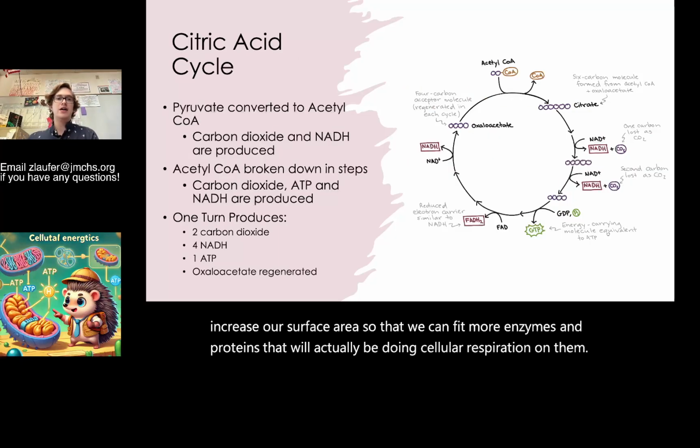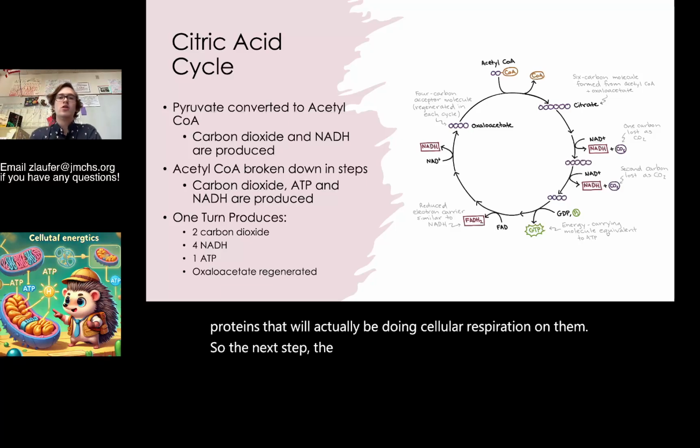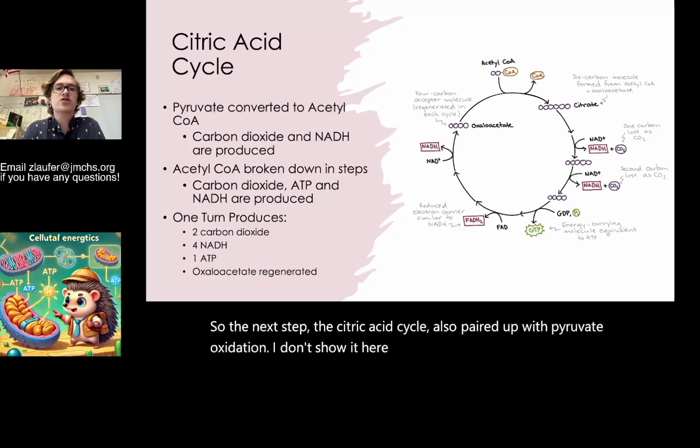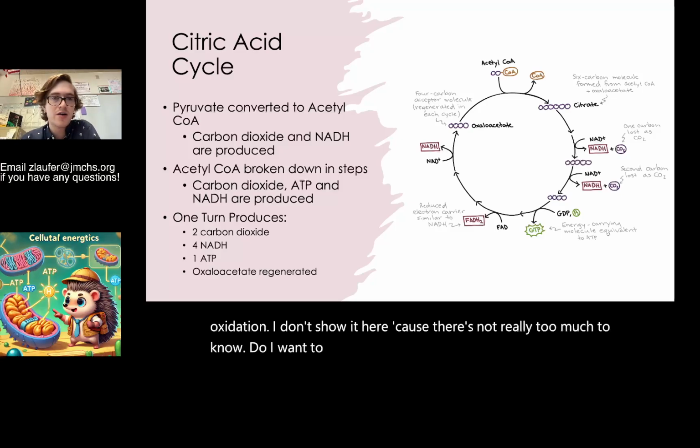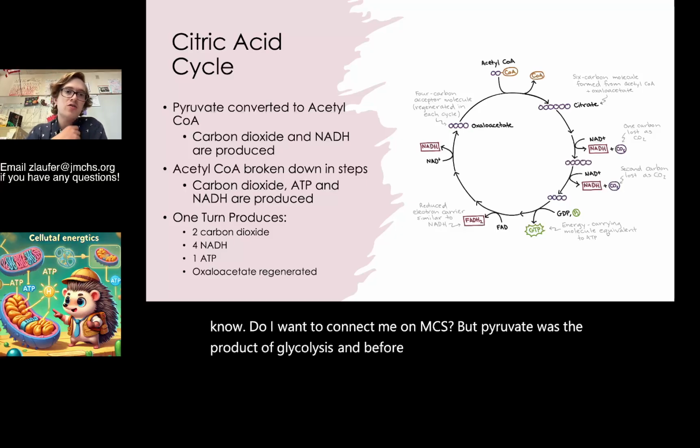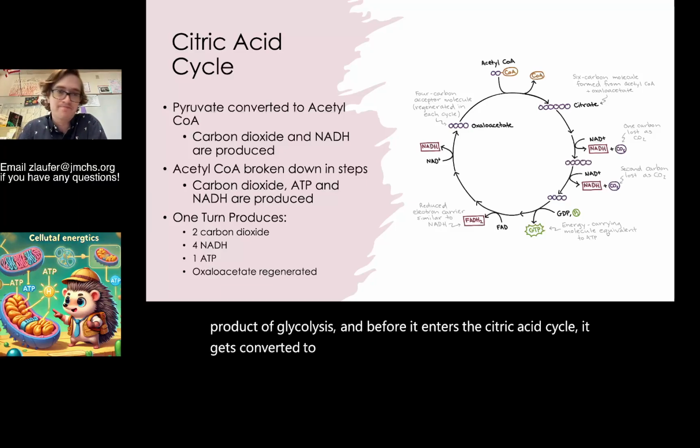So, the next step, the citric acid cycle, also paired up with pyruvate oxidation. I don't show it here because there's not really too much to know. Pyruvate was the product of glycolysis, and before it enters the citric acid cycle, it gets converted to acetyl-CoA.